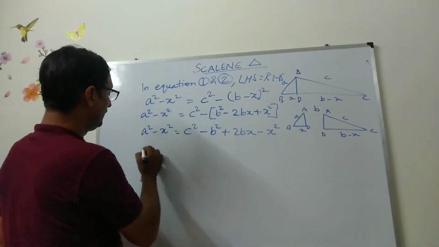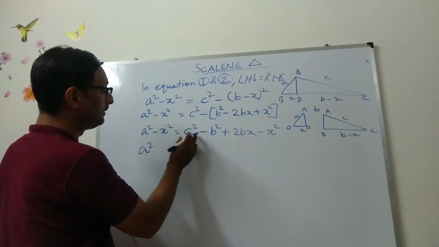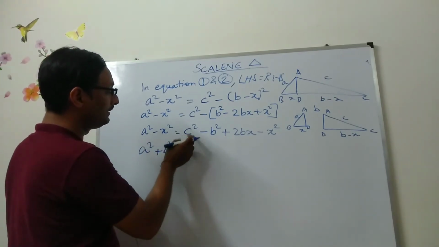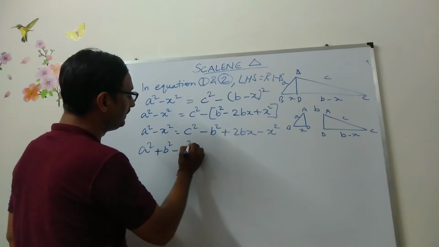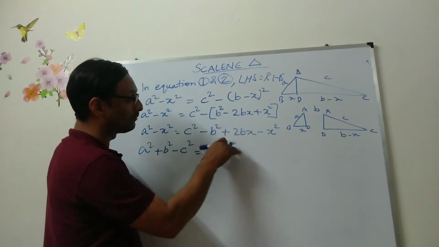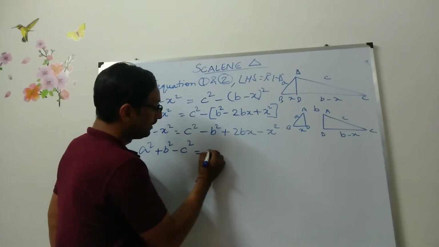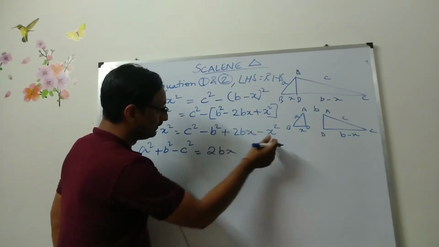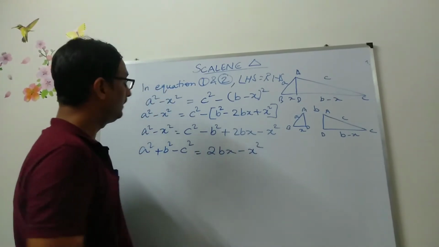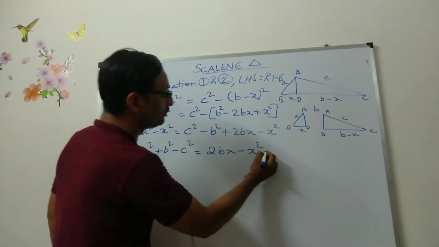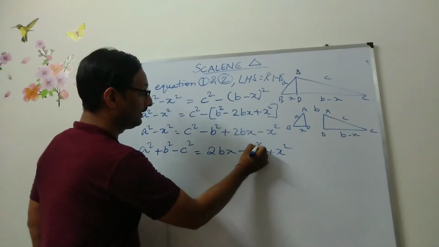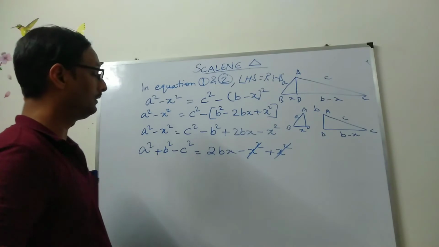So A square, if this B square comes to this side, then it will be plus B square. If C square comes to this side, then it will be minus C square. This minus X square will go to that side. On this side, this will be there, 2bx minus X square. If this minus X square goes to that side, then it will be plus X square. This X square and this X square will cancel.